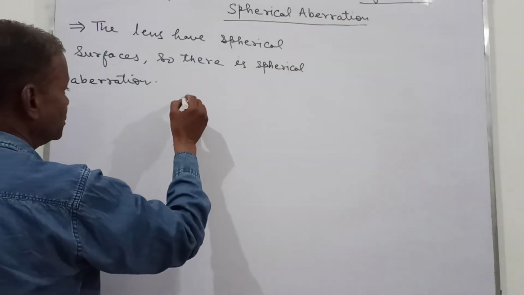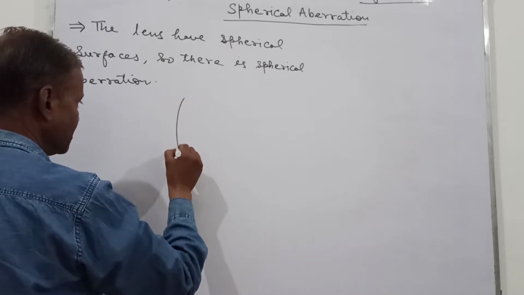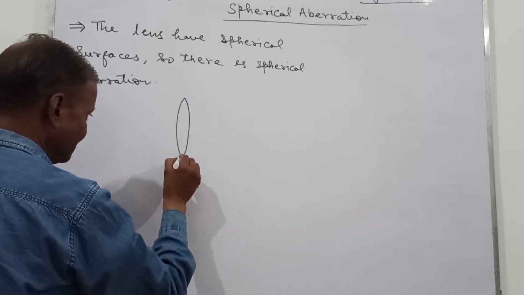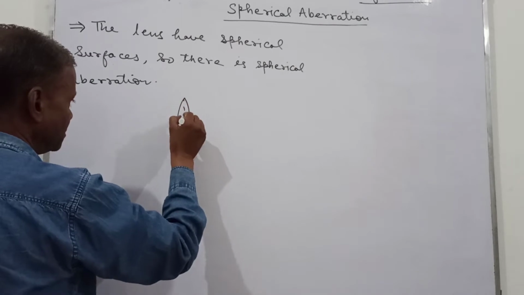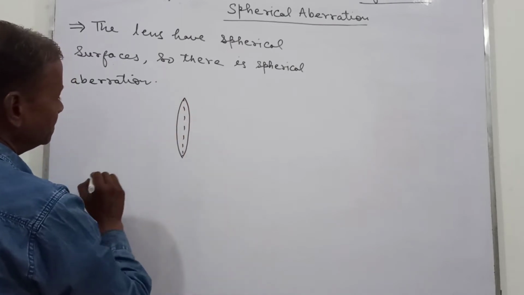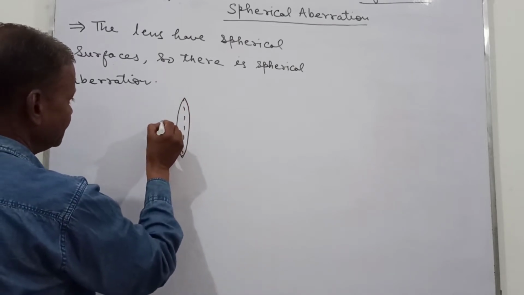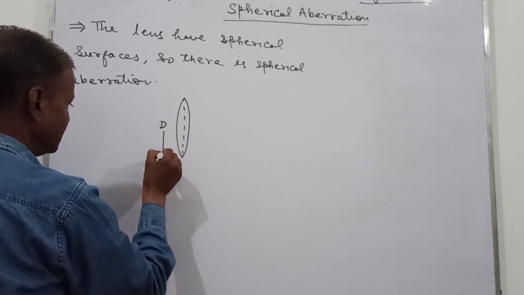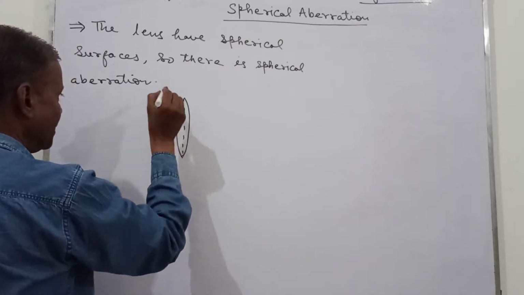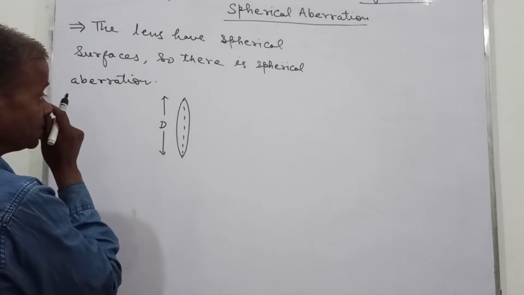So now if we know that this is our lens, this is the diameter. This is also called the aperture.